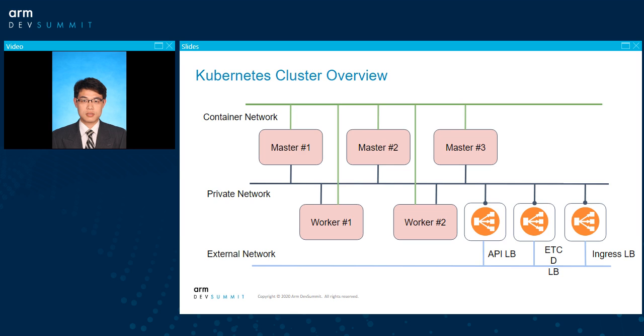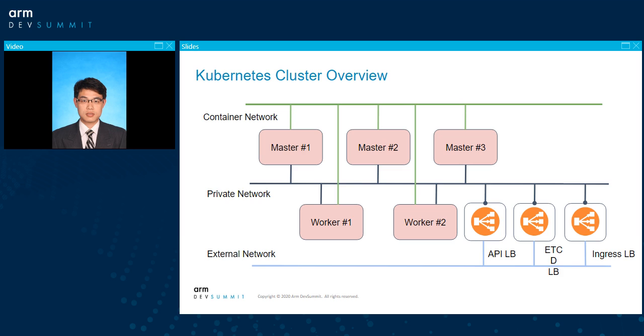They are connected with three different load balancers. We can see here in the red block, there are three load balancers. One is for the Kube API server, the other is for the etcd, and the last one is for the ingress.